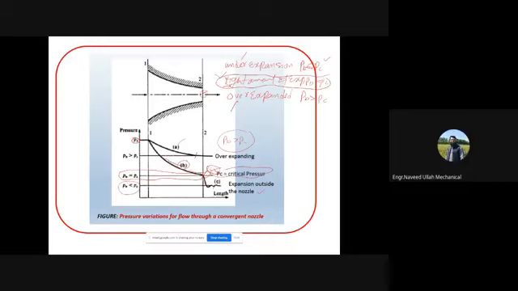In other words, this PB, the atmospheric pressure, is more than the critical pressure, so it tries to compress the exhaust from this side.